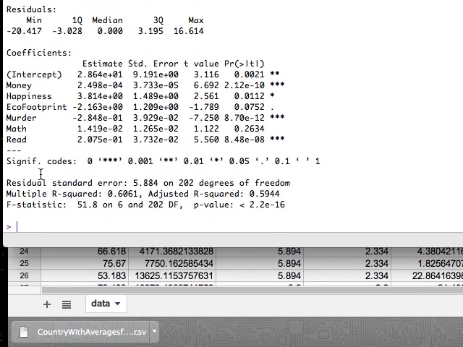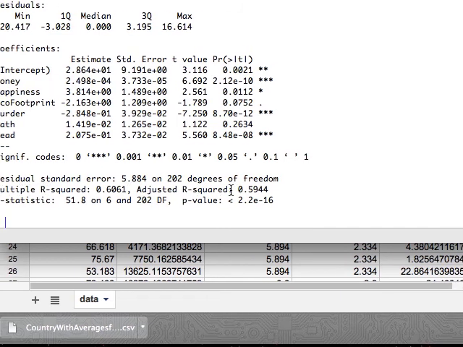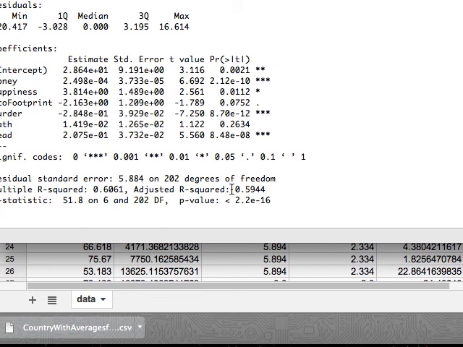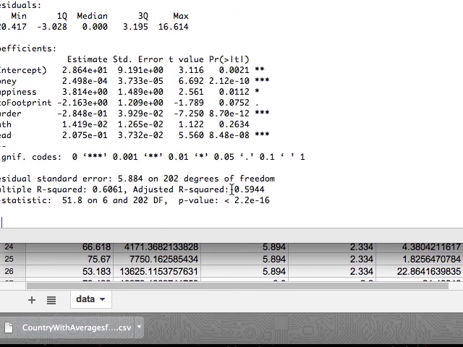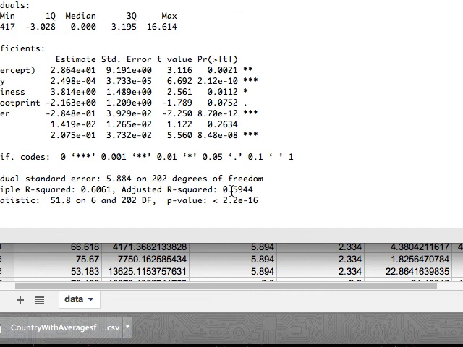All right, so R squared is another interesting value. R squared means if you take all of these predictors together, what percent of life expectancy can we explain with all of these predictors?